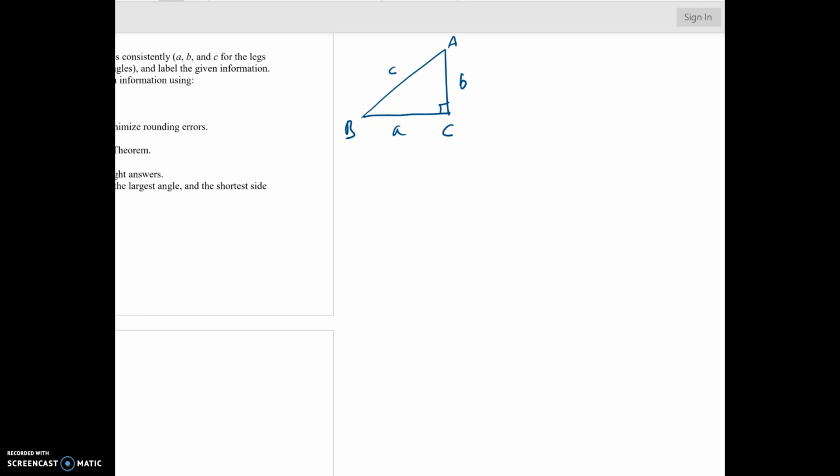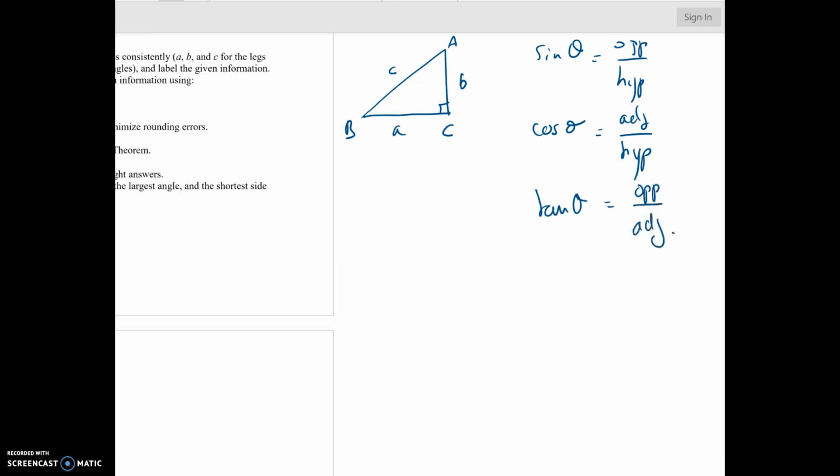We could also look at tangent of 84, 85, or 86 degrees. The sine of the angle theta is equal to the opposite side over the hypotenuse. The cosine of the angle is the adjacent side divided by the hypotenuse, and the tangent of the angle is equal to the opposite side divided by the adjacent side.